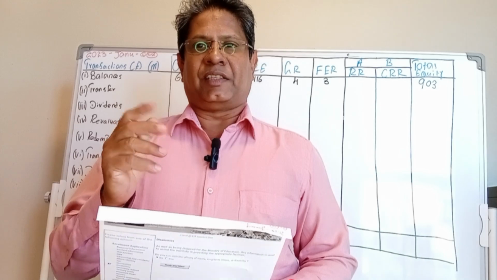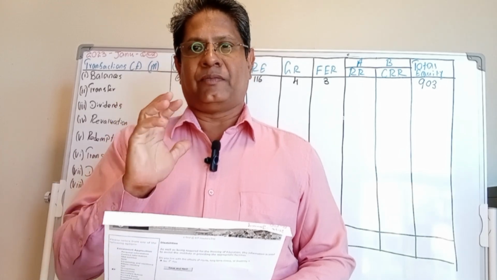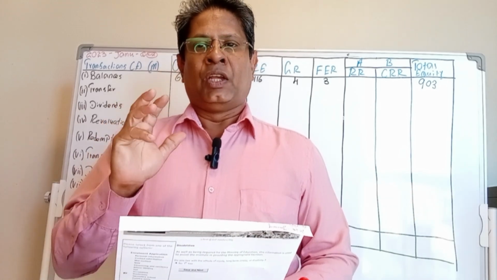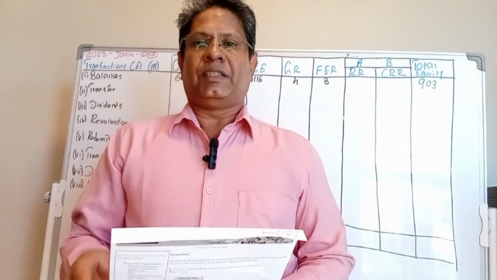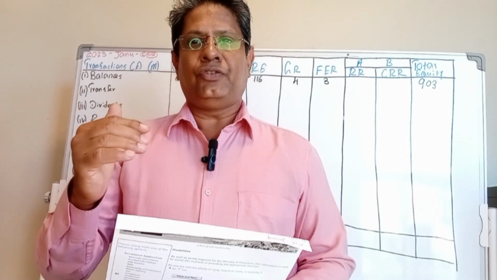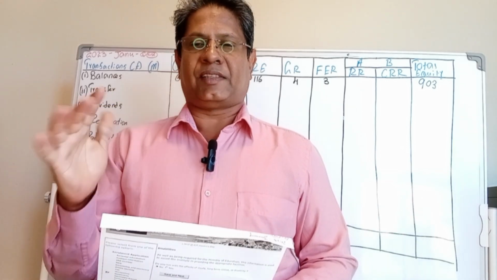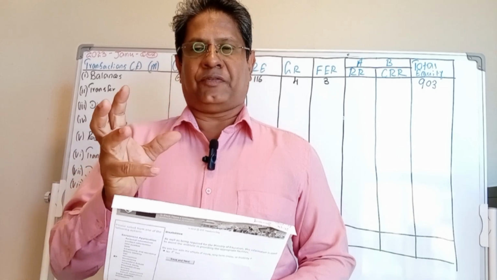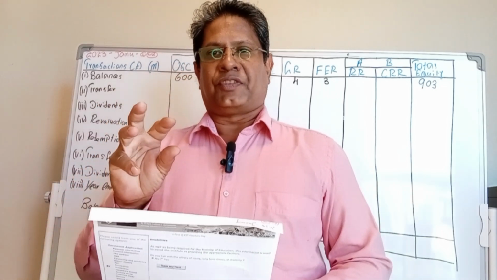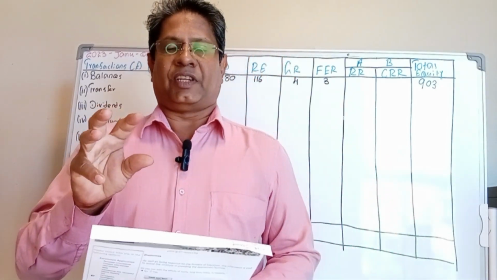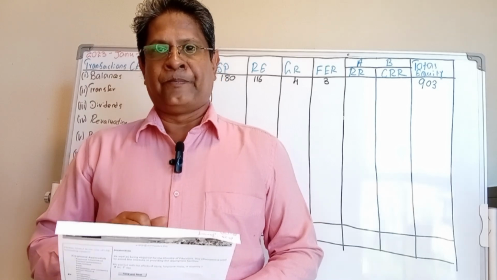We have been discussing the first chapter of the syllabus, the capital structure. So far, through my contents, I have given you enough knowledge and understanding about the issue of shares, the bonus issue of shares, the rights issue of shares, and the redemption of shares.